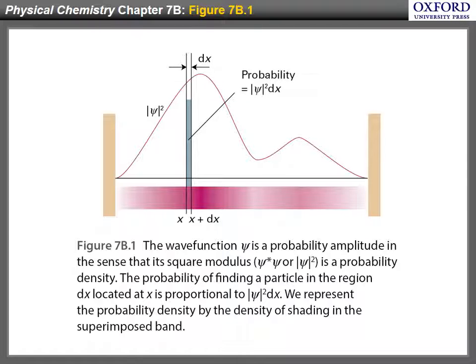Therefore, phi squared is the probability density, whereas phi only is the probability amplitude.